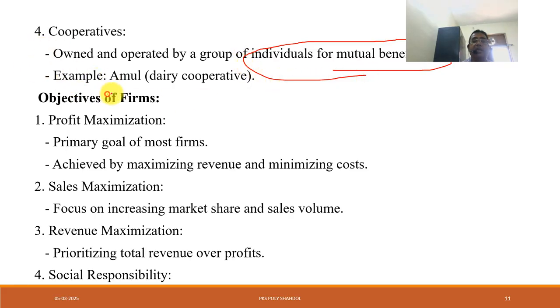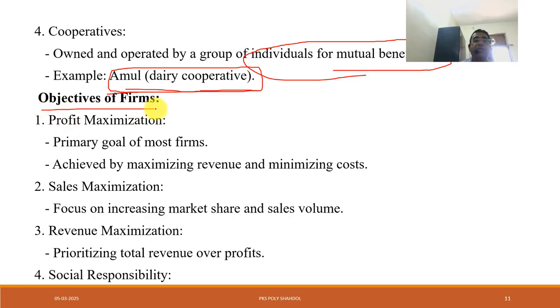For example, Amul: Amul Dairy has milk products. Amul alone cannot produce milk products without the involvement of villagers, because the villagers give the milk and then it produces the dairy products. That's why this is a cooperative.